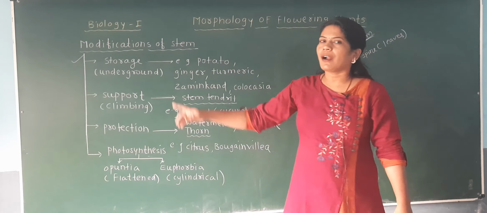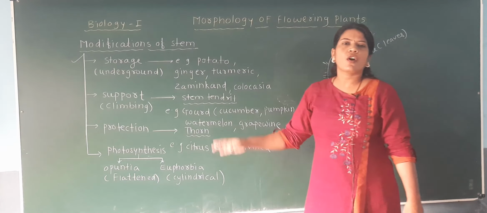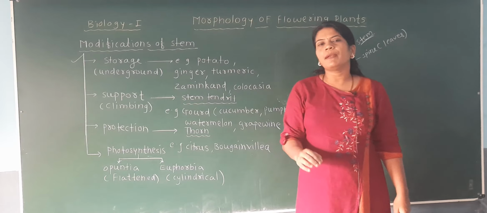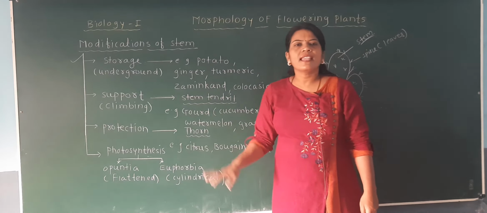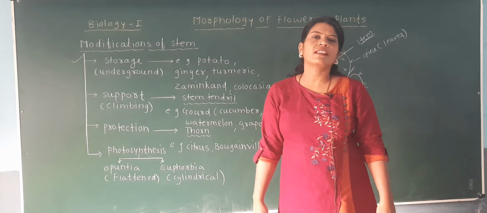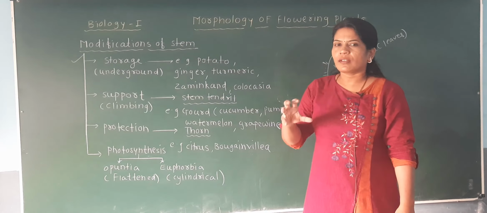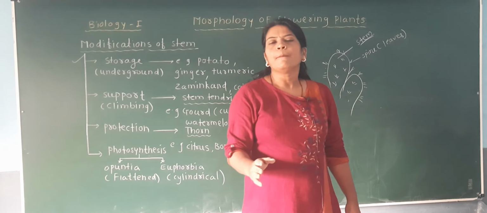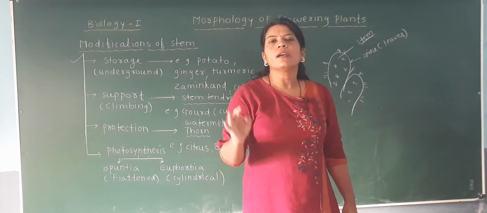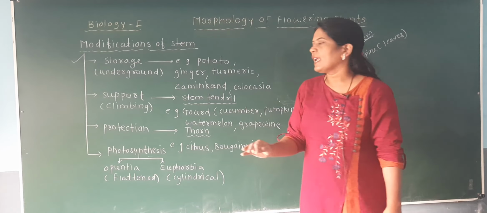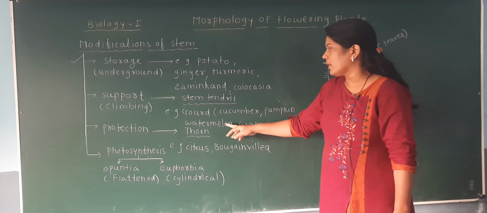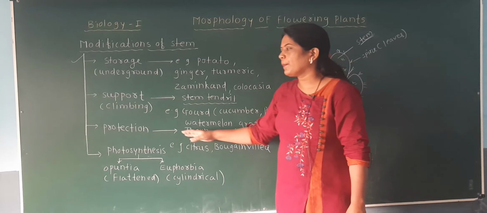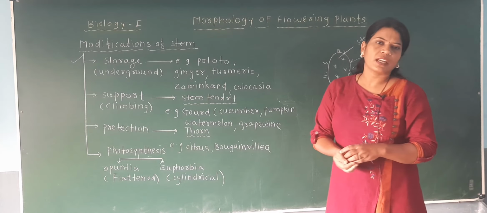It is found in the underground stem and the examples are potato, ginger, turmeric, zaminican and colocasia. The second modification of the stem is for support for climbing, and here you can observe examples like watermelon, cucumber, pumpkin, grapevine. The third modification of the stem is protection.